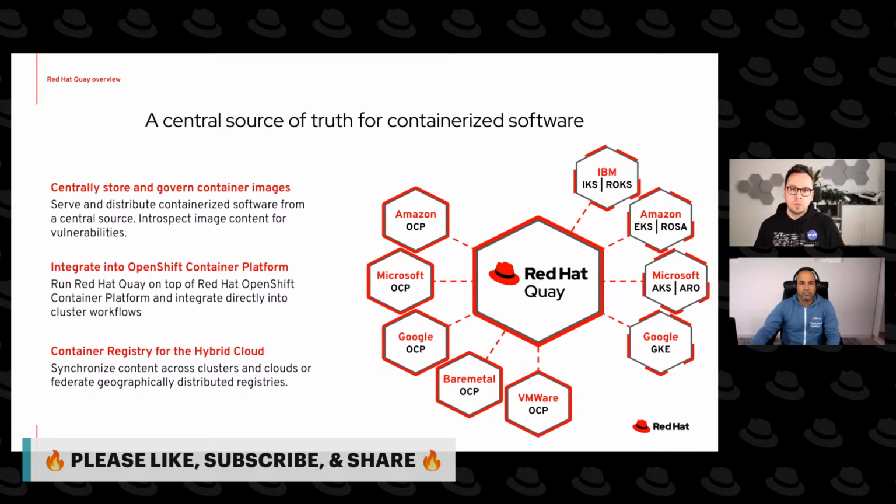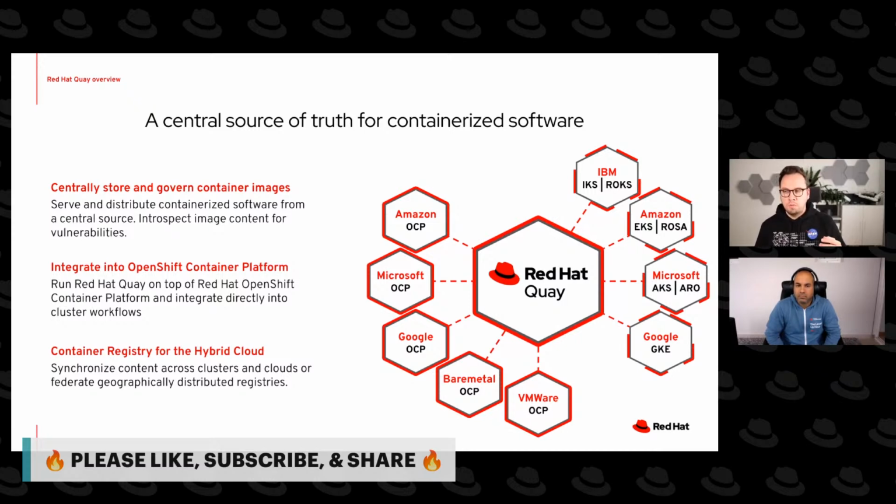So Quay does not only store and serve your images according to permissions that you set up, it also scans the images and indexes the content inside. So it can recognize RPMs, Debian package files, Alpine package files, but even Python pip packages, or most recently added as tech preview, Java archives. And it will index this information.